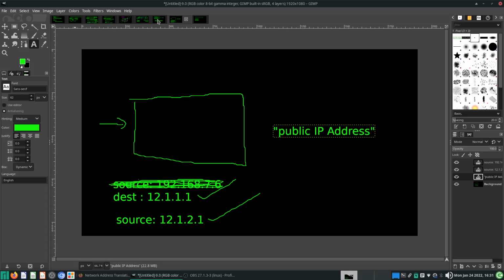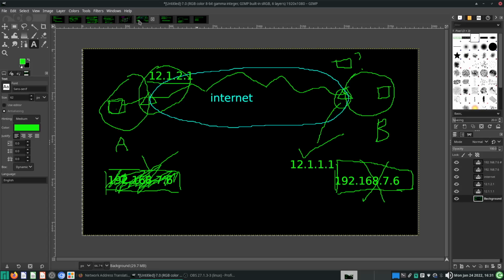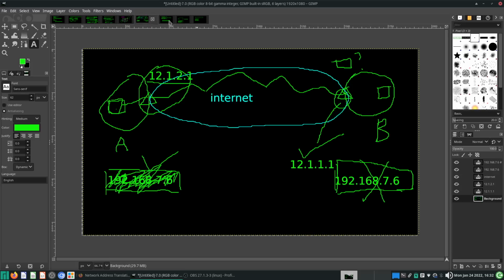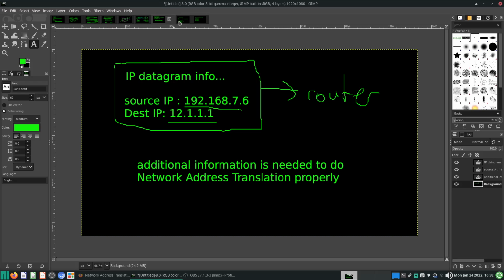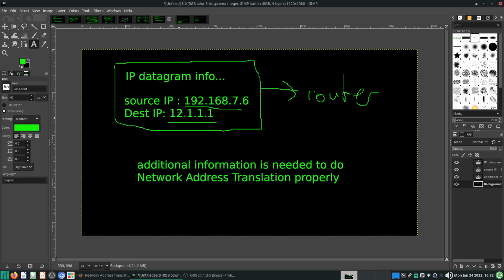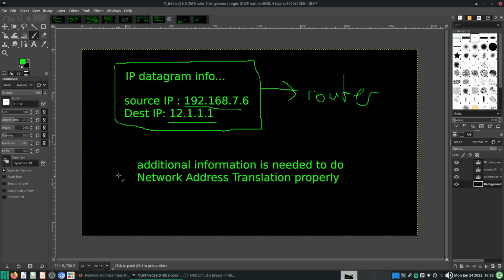I haven't addressed how this is being done yet, because the original message contained no data. We have not discussed any additional information that's needed to do the network address translation.